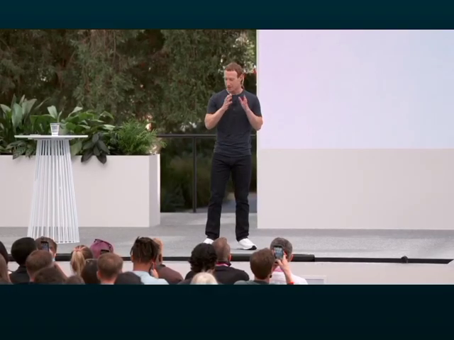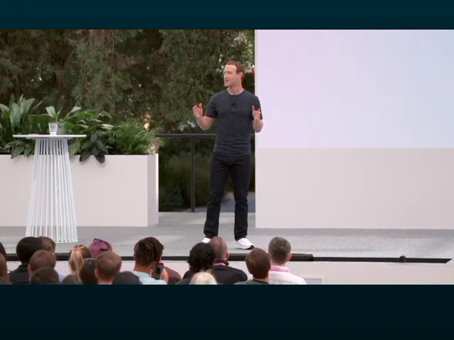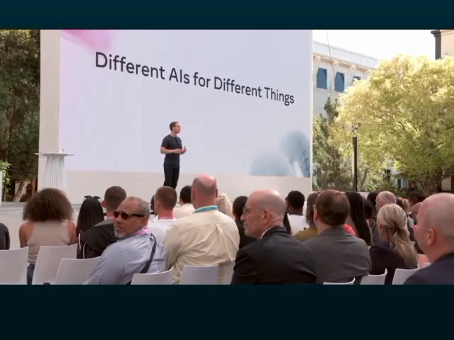So we are building a platform for creating AIs that can help you get things done or just have fun. And the way this is going to work is people are going to be able to interact with these AIs across the whole Meta universe of products. So, of course, you'll be able to chat with them in WhatsApp and Messenger and Instagram Direct.